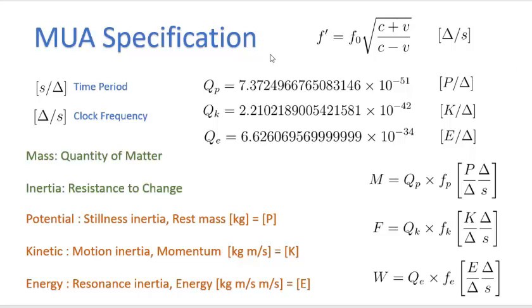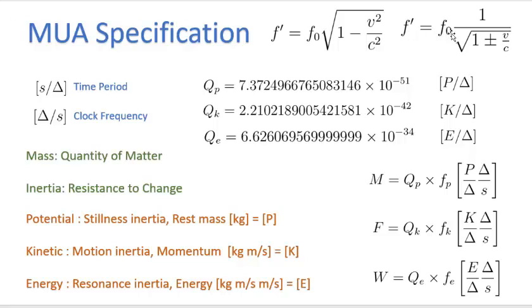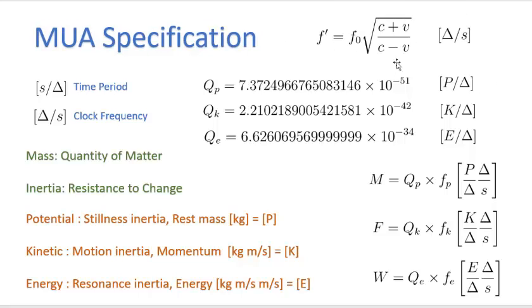This equation is used, and this is actually much more elegant to me than the other two equations. So instead of putting these two equations, I can actually put the one equation into my specification, and this covers relativity and the standard Doppler effect.